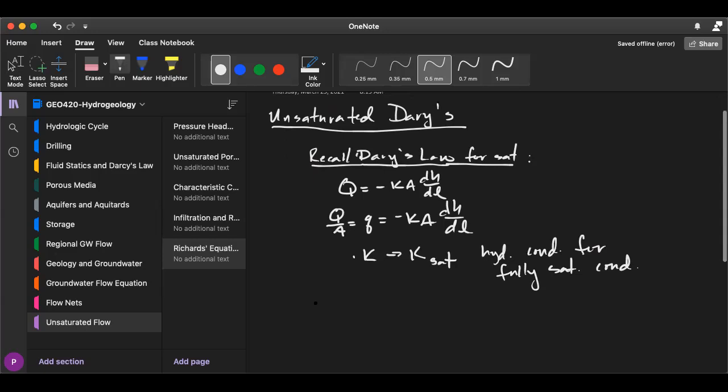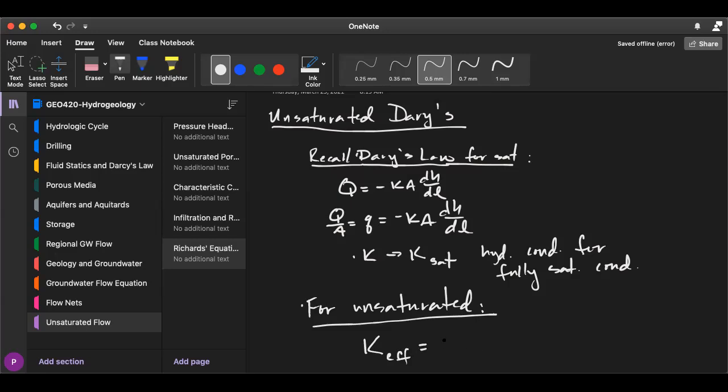So how did we have to change hydraulic conductivity for unsaturated conditions? What do we have to do? Right. So for unsaturated, we have to calculate this K effective, right?